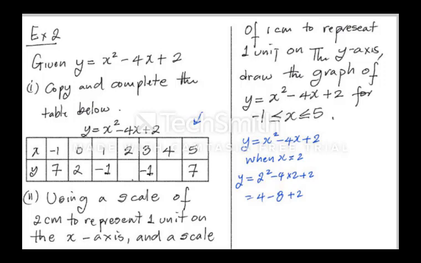Minus 4 plus 2 is minus 2. So when x is 2, y is minus 2.